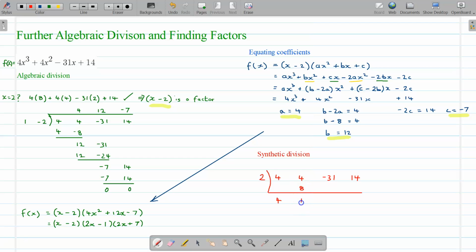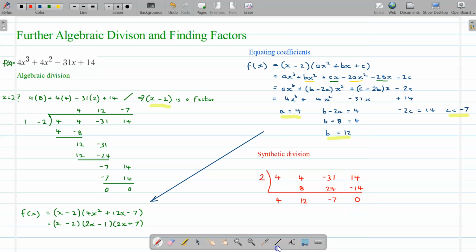4 and 8 is 12. Then I say 2 times 12 is 24. Put it there and add those two together. 24 and negative 31 is negative 7. And finally I say 2 times negative 7 is negative 14, and it should be the case that the last two, when you add those together, gives you 0.